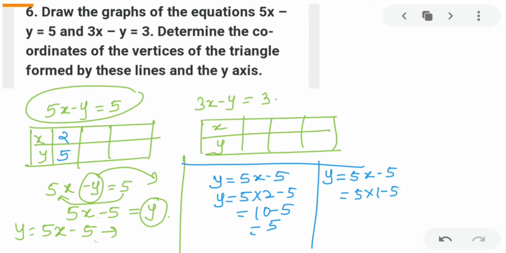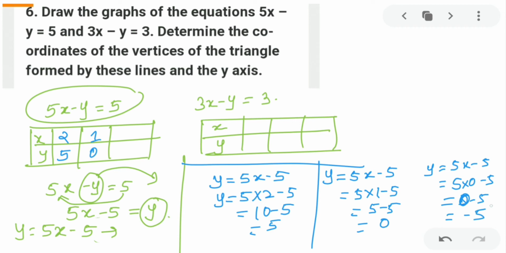If you take 1, then you will get y is equal to 0. So x is 1, y is 0. You can also take x is equal to 0. So you will get the answer as minus 5.